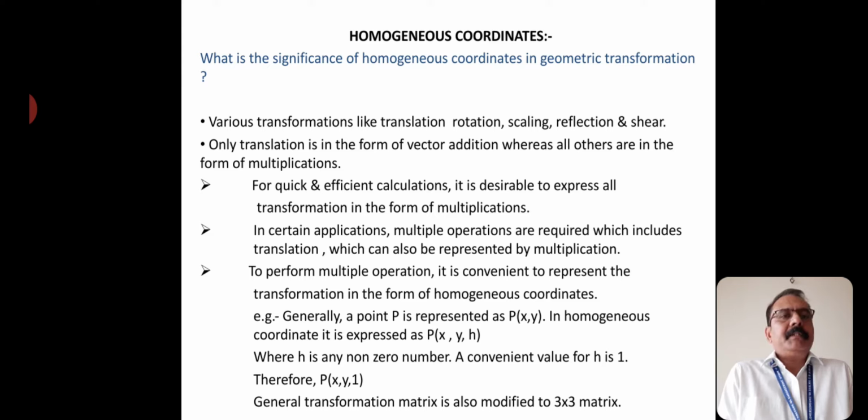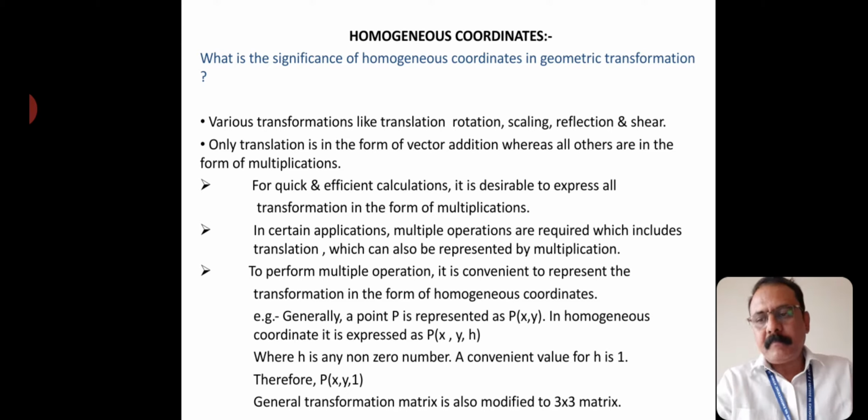What is multiple operation? Multiple operations means more than one geometric transformation can be done at a time. For example, multiple operation includes translation, rotation, and reflection. More than one transformation. First transformation is translation, second rotation, and third reflection.